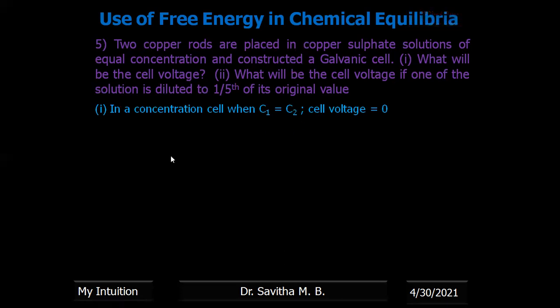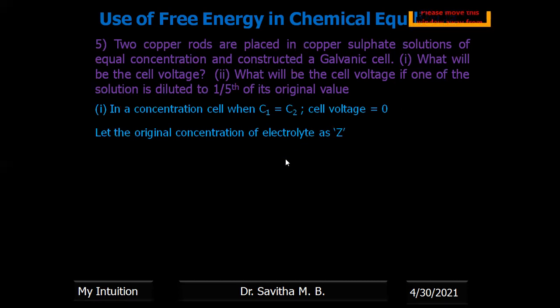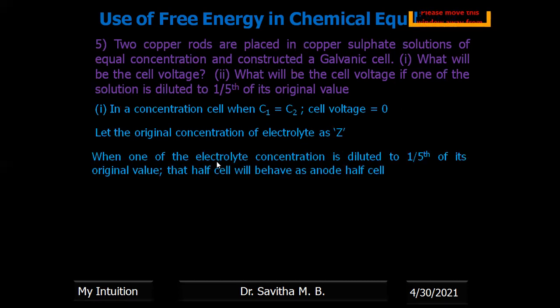The second part is, what will be the cell voltage if one of the solutions is diluted to 1/5 of its original value? So if one concentration is taken as Z, the other concentration will be 1/5, that is Z by 5. That means it is 5 times lesser than the other one.